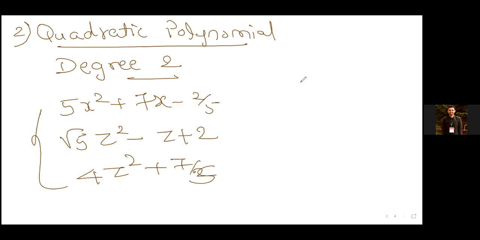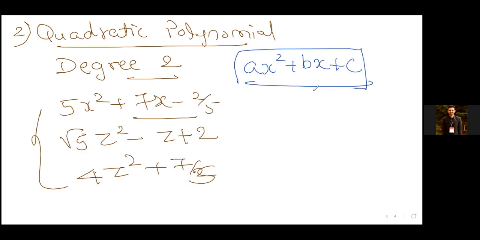Can you guys observe the pattern of this? What is the general form of this quadratic polynomial? It is ax square plus bx plus c. This is the general form, where a, b, c are real numbers.